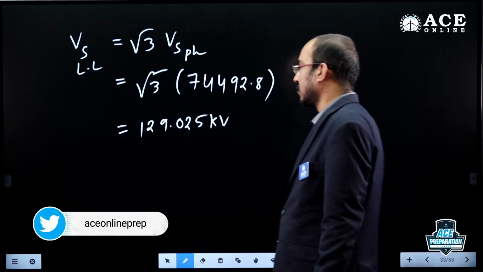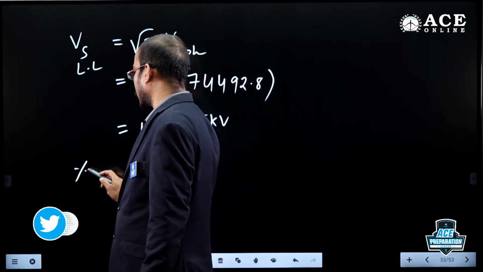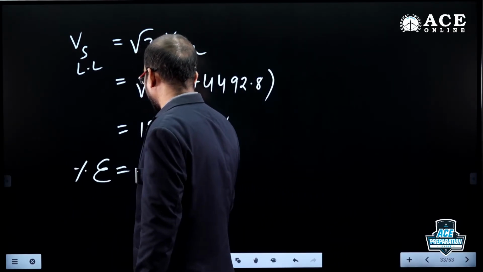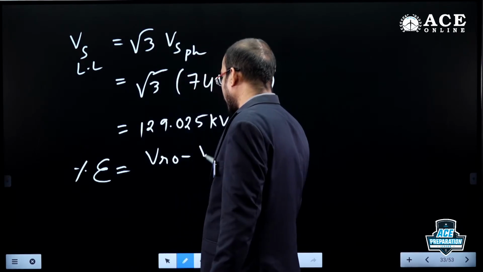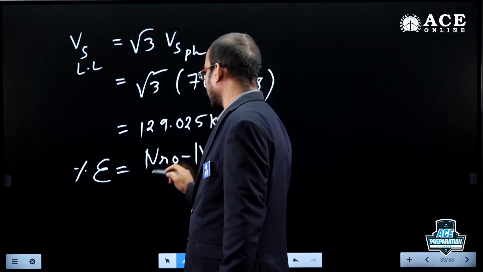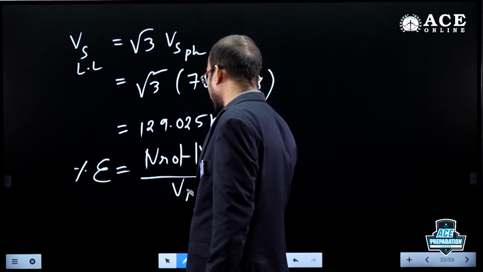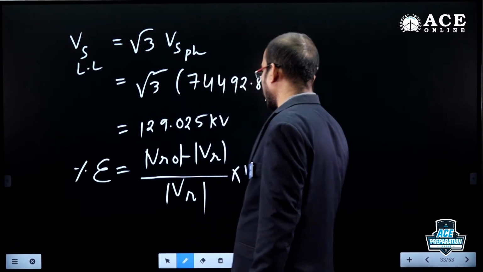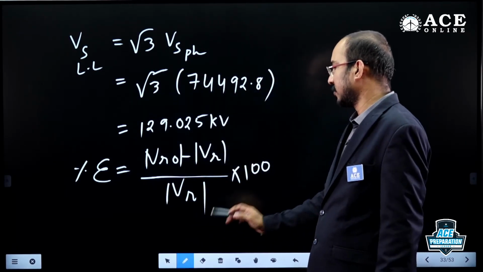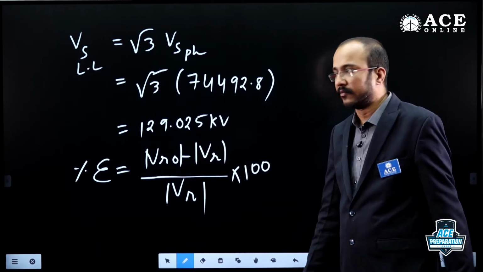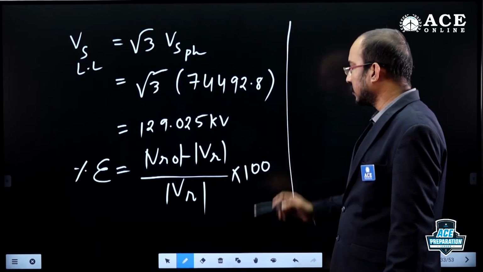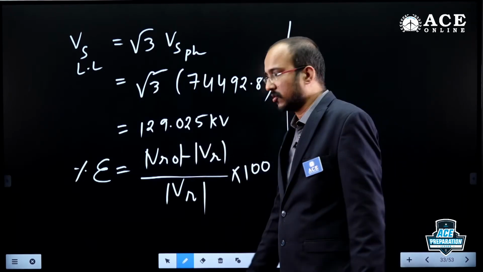So how do you calculate the voltage regulation? VR naught minus VR by VR into 100. Okay, no load voltage minus full load voltage by full load voltage into 100. Here VR naught, no load voltage, is not known.